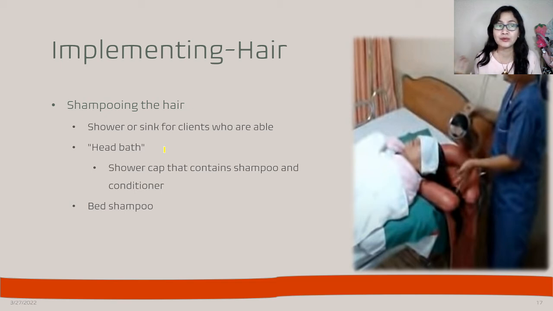In most of the health agencies, just like what we practice, we have a bed shampoo. In doing the bed shampoo, the client who has limited capacity to get out of the bed is provided with a shampoo in the bed.